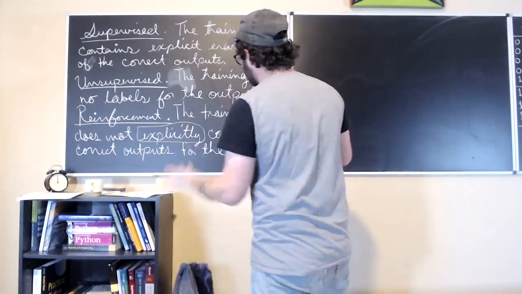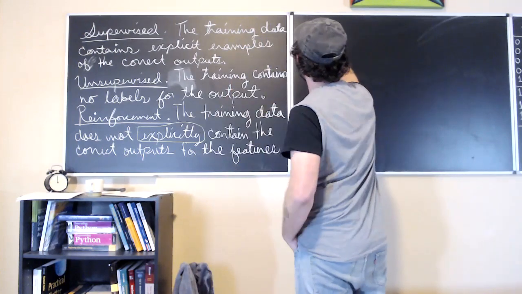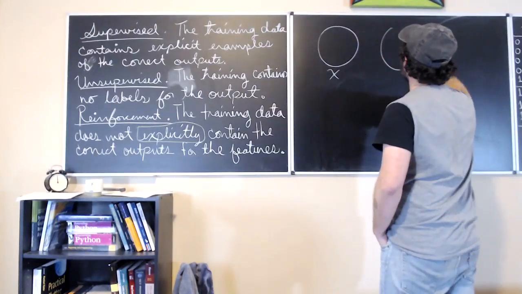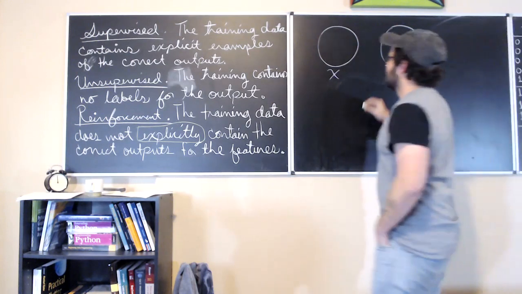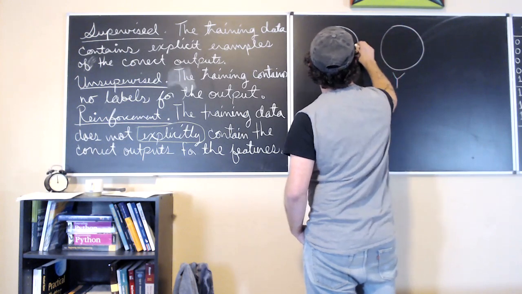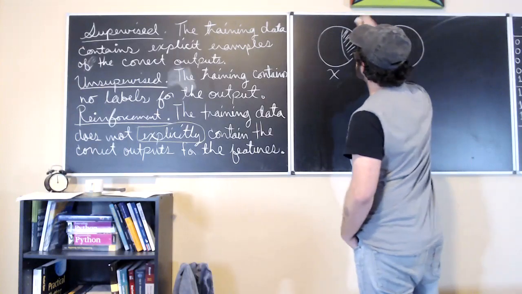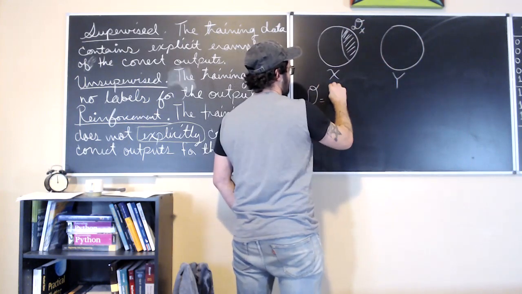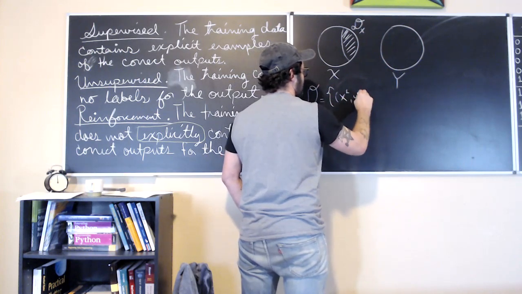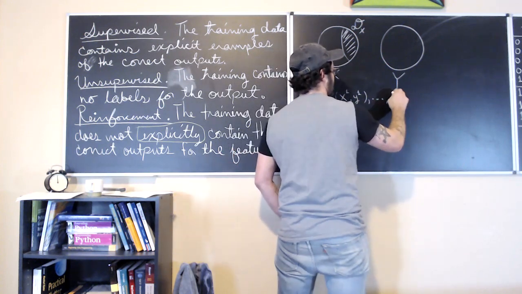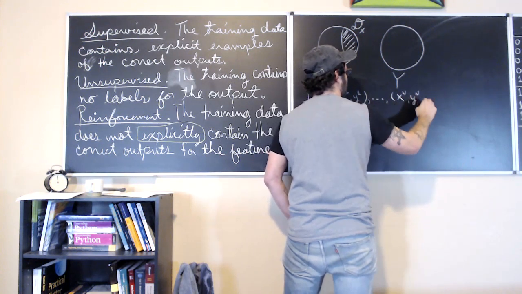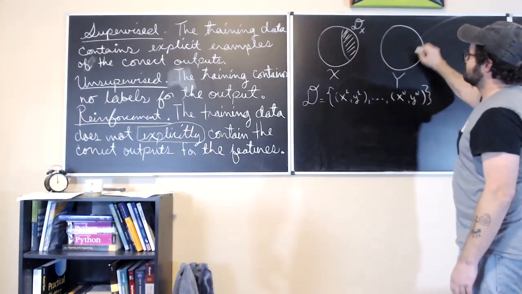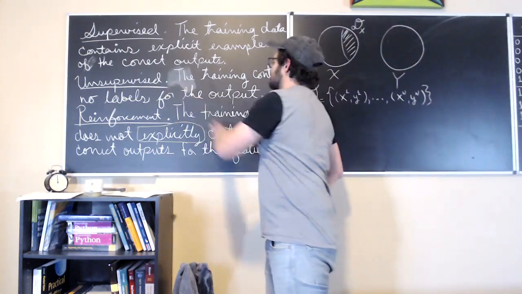Again, all of these models fit into what I drew last time, which was that we have our feature space, X, and we have our label space, Y, and we will always have some subset of features, which I label D sub X. The data that we have, I always call D. Now, in supervised learning, we have a label for each of our features in Y. In unsupervised learning, we don't know anything over here.